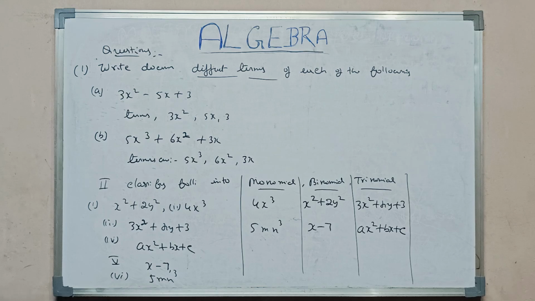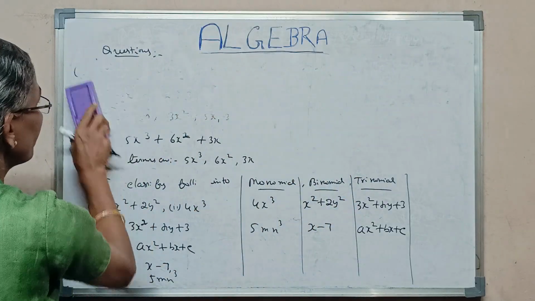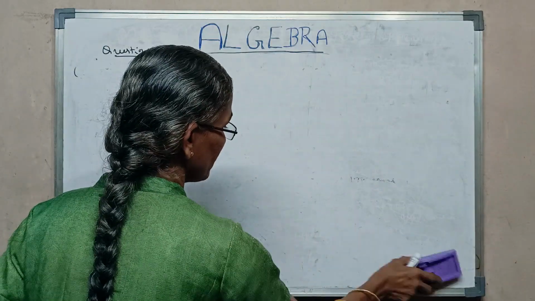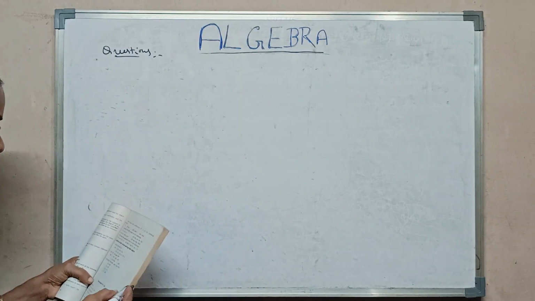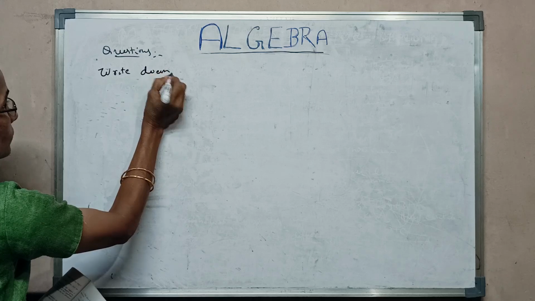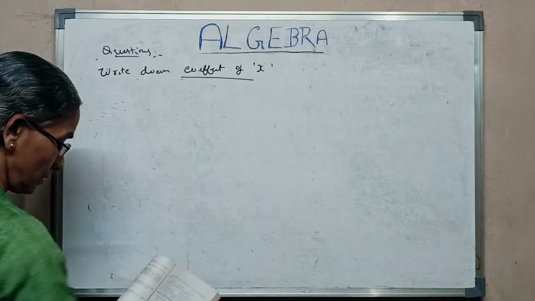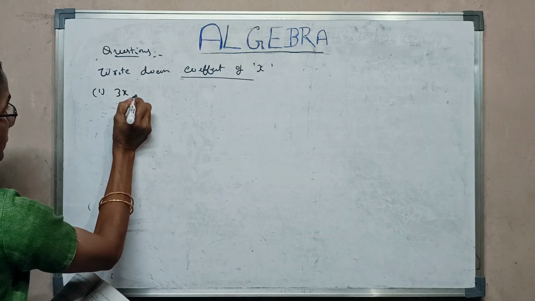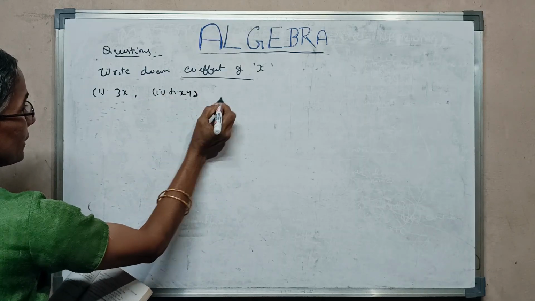Next, write down the coefficient of x. So the question says: first, 3x. Second, 4xyz.